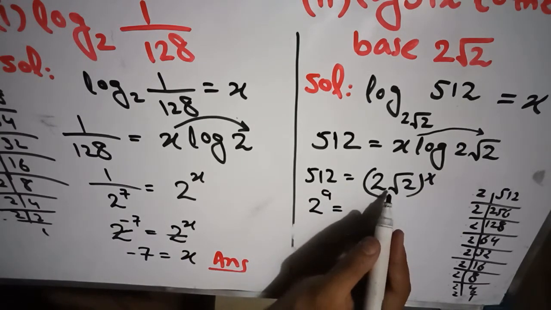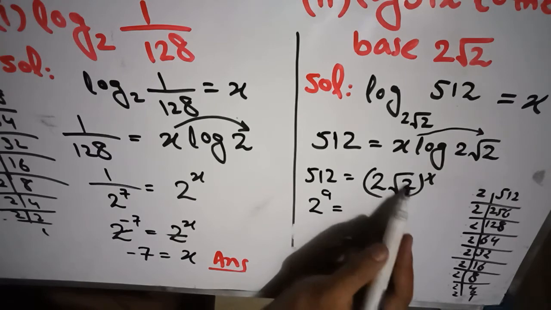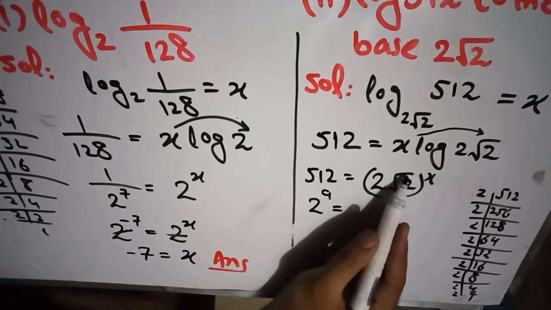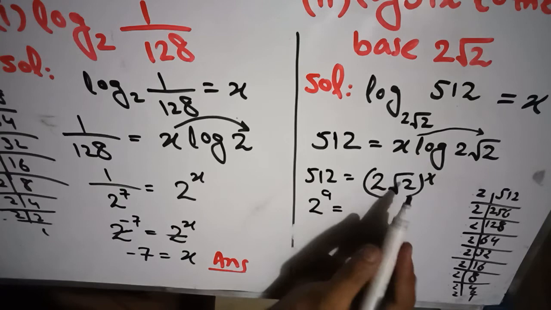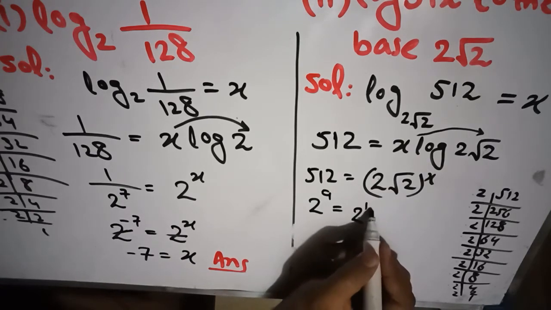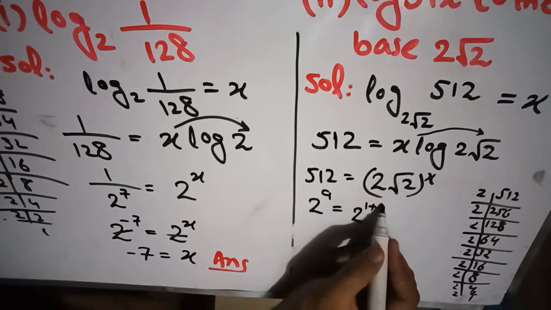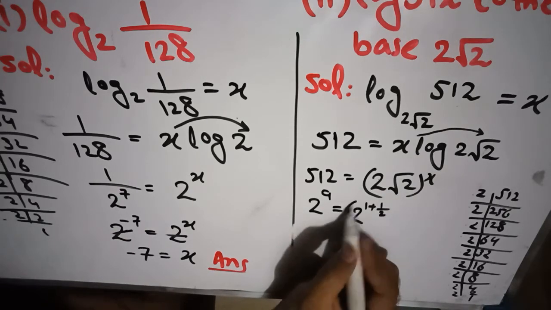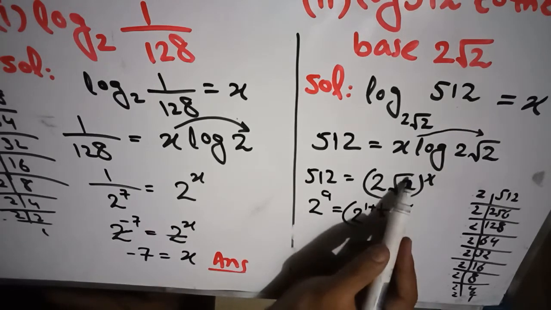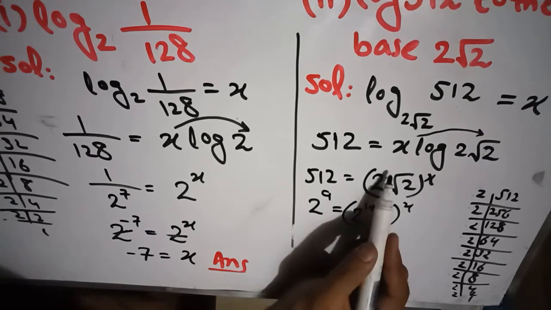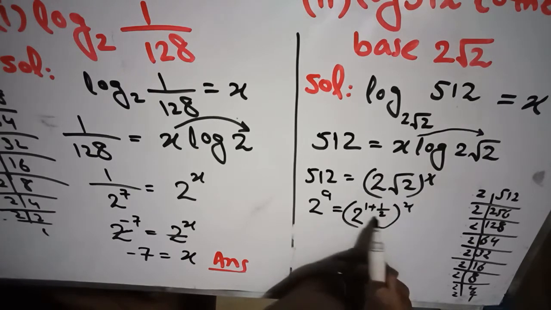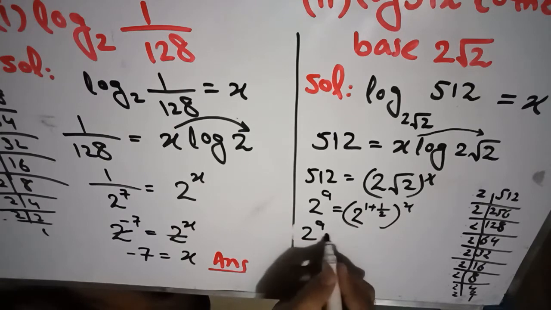Okay, and on the other side, because it is the power of 2, that is 2's power 1 by 2, and there is 2's power 1. So you can add both these powers, because the bases are same, so the powers will be added, whole power x. The power of 2 is 1 by 2 and its power is 1. You can add both these powers like this, 2's power 9.